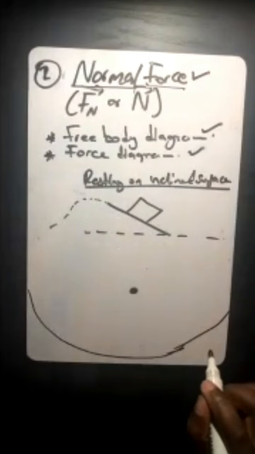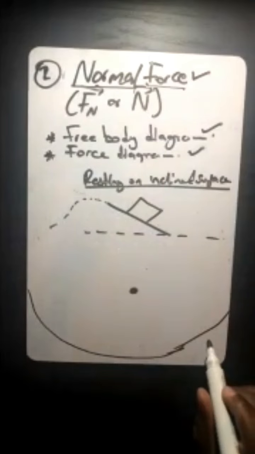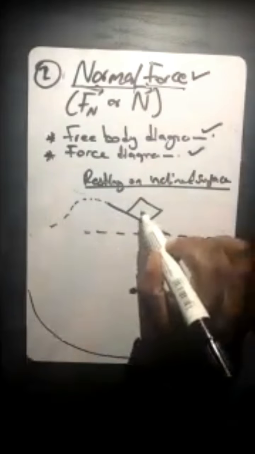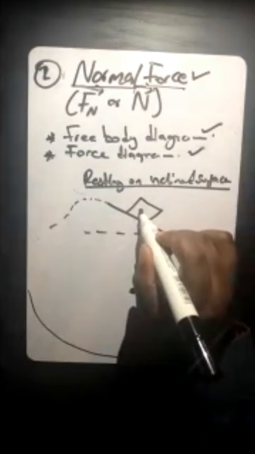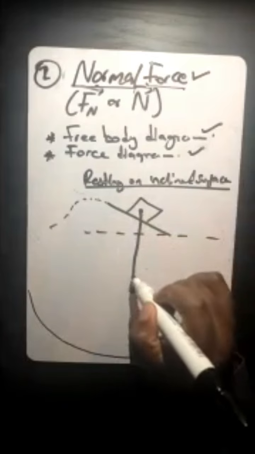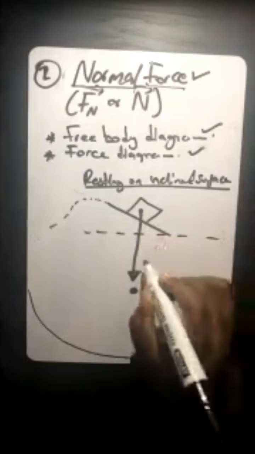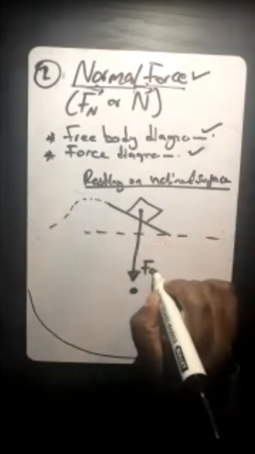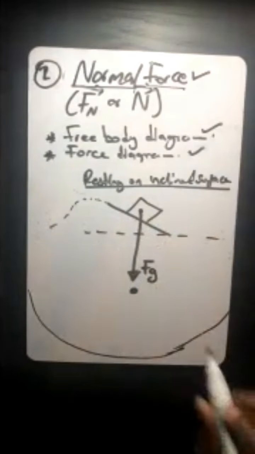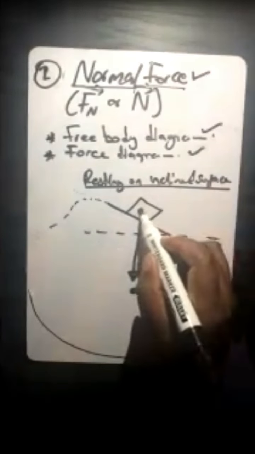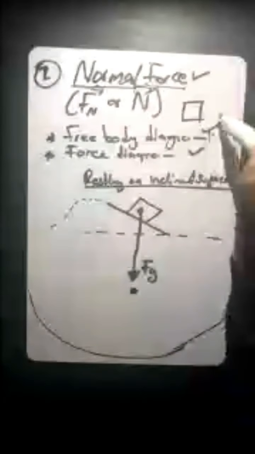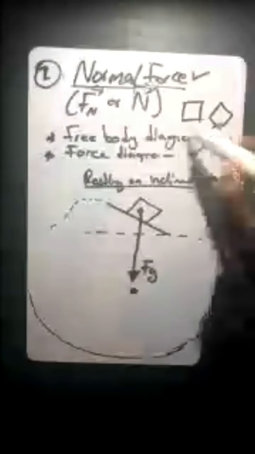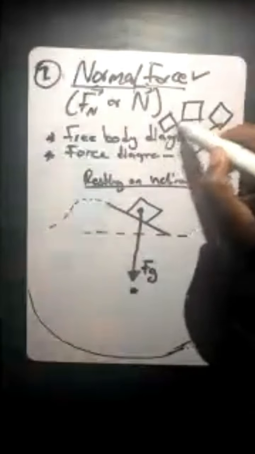And we said, according to the force of gravity, it is exerted from the center of that object to the center of the earth. So this is what we call a force of gravity. Ladies and gentlemen, it doesn't matter whether an object is vertical like that or at a certain angle.